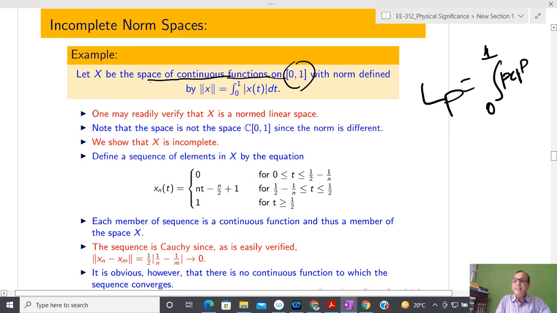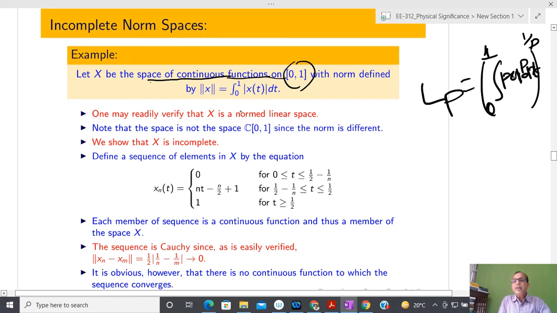Here we have dt, the underlying function, because we are integrating over time from 0 to 1.